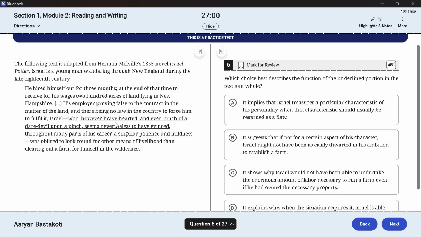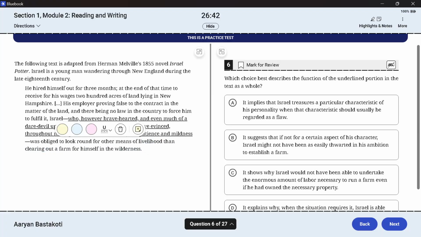Israel, who, however brave-hearted and even much of a daredevil upon a pinch, seems nevertheless to have evinced throughout many parts of his career a singular patience and mildness, was obliged to look around for other means of livelihood than clearing out a farm for himself in the wilderness.